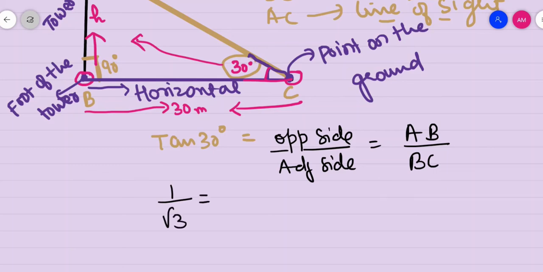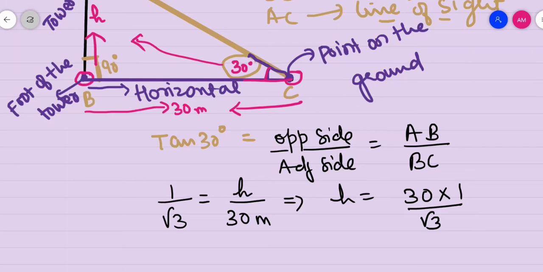Now AB is the height, and you don't know its value, so you will put H, and BC is 30 meters. So from here you will get H equal to 30 into 1 by root 3, in meters.